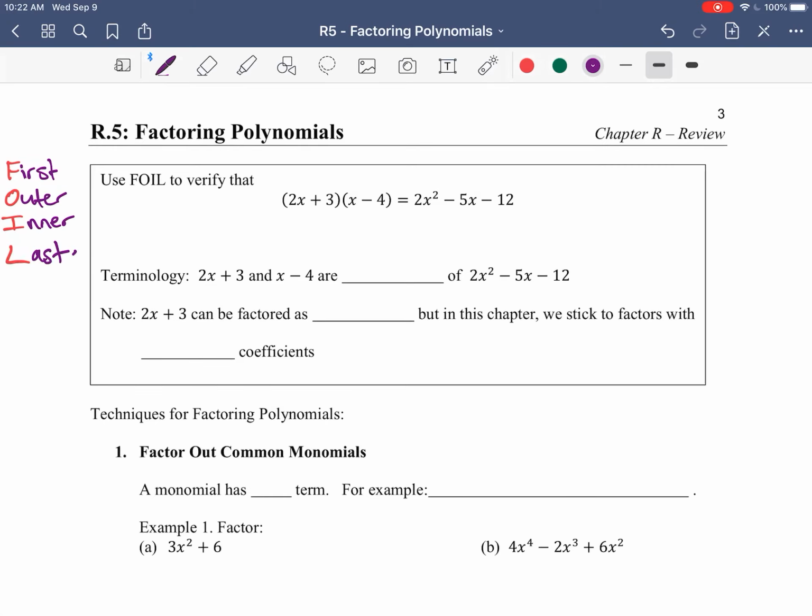When you're doing that, the first two terms you want to multiply together, and then you do the outer two terms, and then the inner two terms, and then the last two terms. Sometimes people draw this like a rainbow.